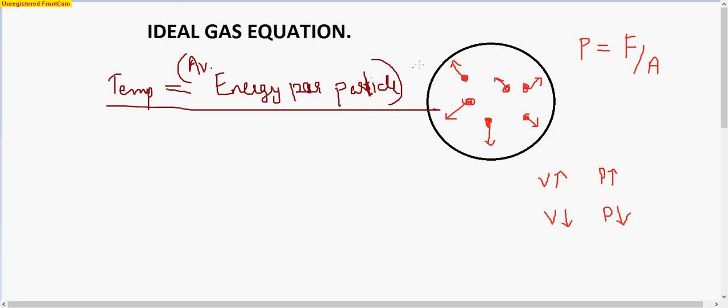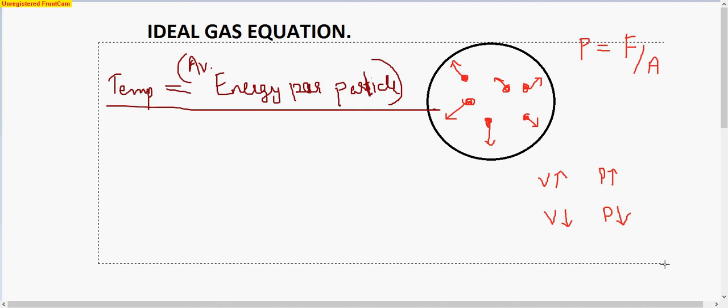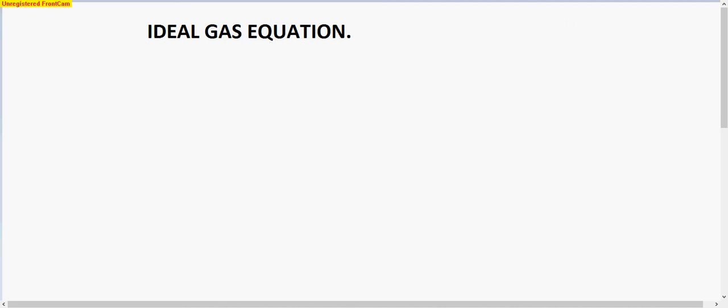Now we'll be sort of deriving the ideal gas equation. We have a pressure P. The pressure P is actually proportional to the temperature into the number of moles, or some number, let it be particle or mole or something. So the temperature into the number will be the total energy, right?